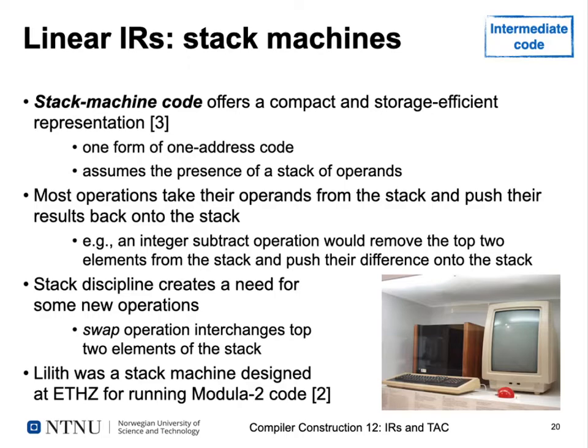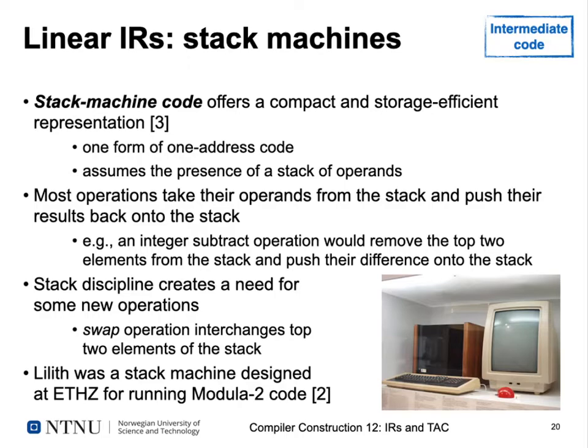So most operations in a stack machine take their operands from the stack and push the results back onto the stack, as I've just described. And of course you could do this for different arithmetic operations like subtract and multiplication. Sometimes you need additional operations, because you need, for example, to change the order of operands in an expression.